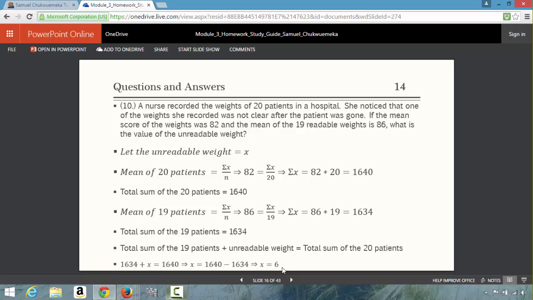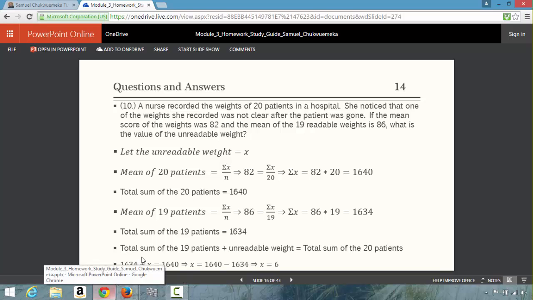And from there you can find the value of the unreadable weight. Does it make sense? This is saying that the sum of the 19 patients plus the weight you didn't see will give you the total sum of the 20 patients. That is what I am trying to explain here.